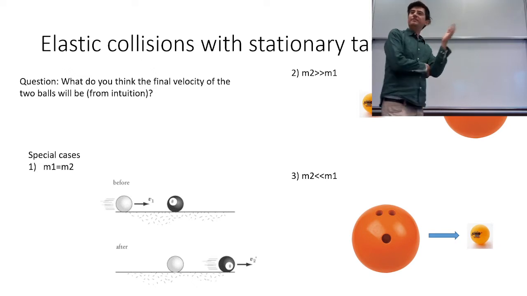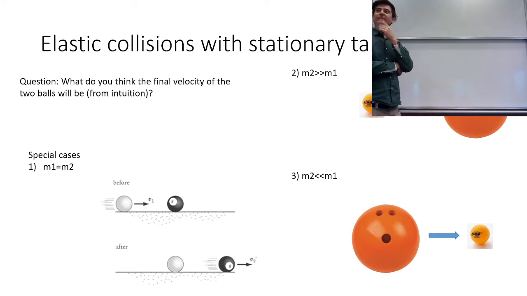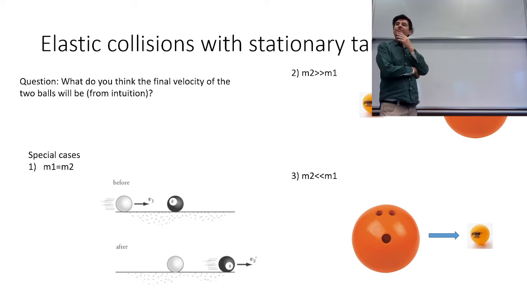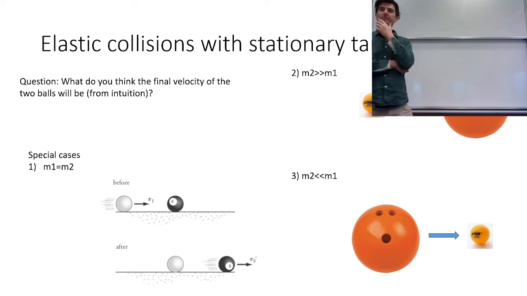Take a guess. Carter? When the white one hits the 8 ball, the white one just stops, and the motion goes to the black one. Right, okay, yep. We'll mark that down as the prediction for the first one.